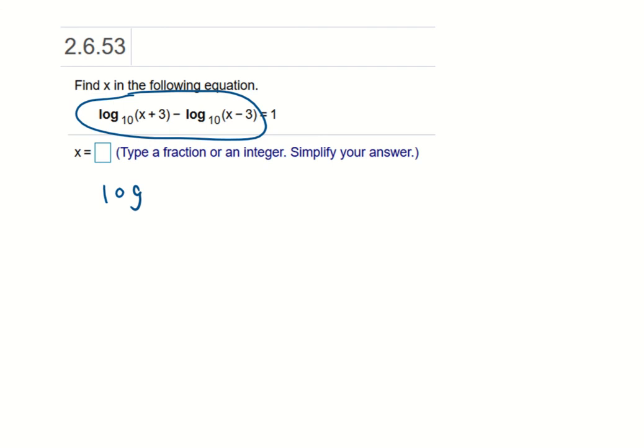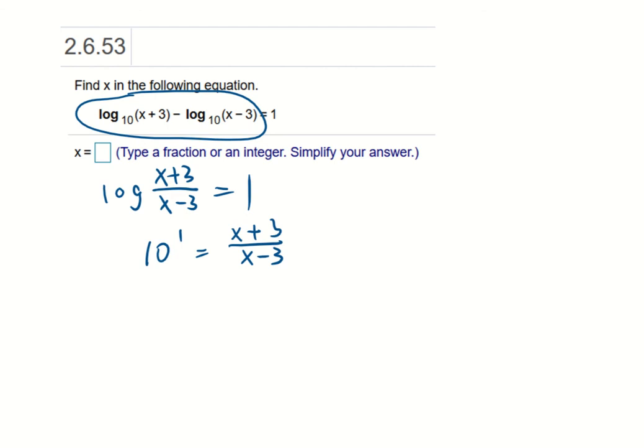Here I'm going to use the quotient rule, x plus 3 over x minus 3 equals 1. So first step. Next step, I'm going to turn this equation into its exponential form. So the base here is 10, 1 is the exponent, equals x plus 3 over x minus 3.